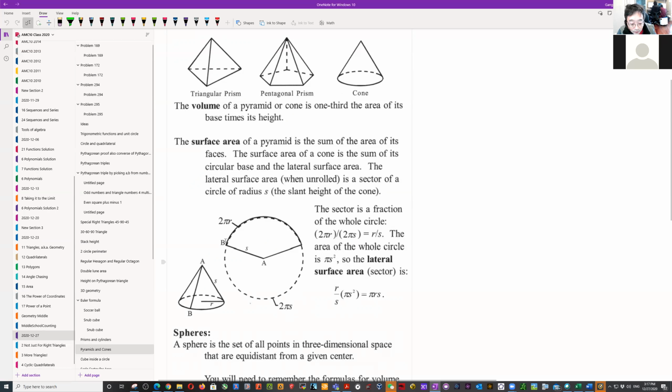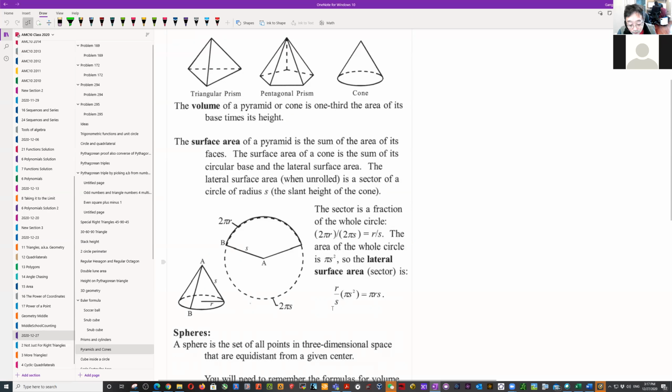The full circle area is pi s squared, and the full circle length is 2 pi s. The sector arc length is 2 pi r, where r is the base radius of the cone.